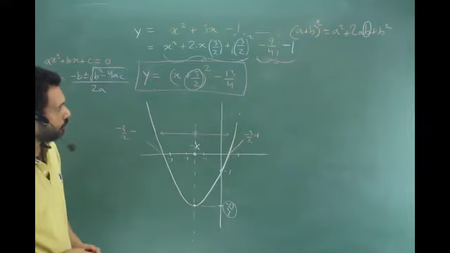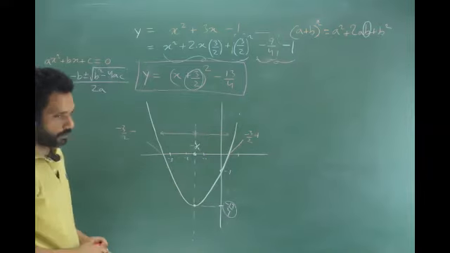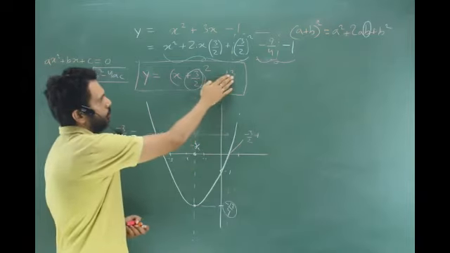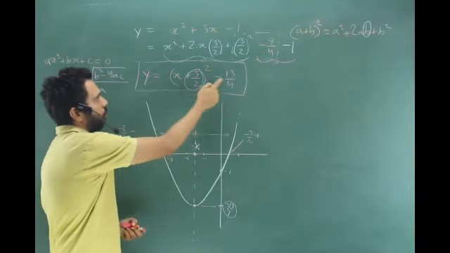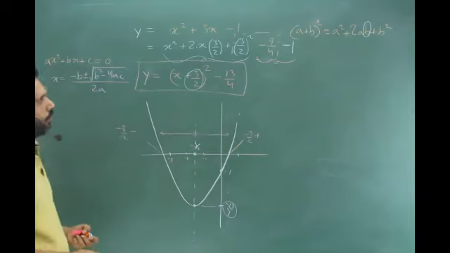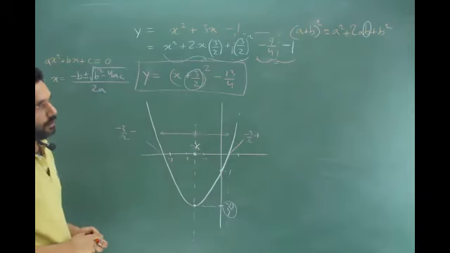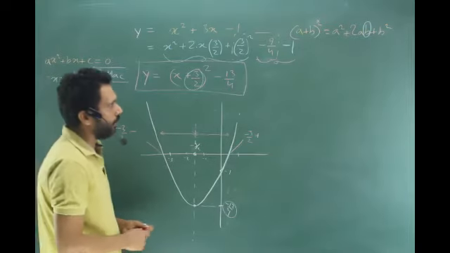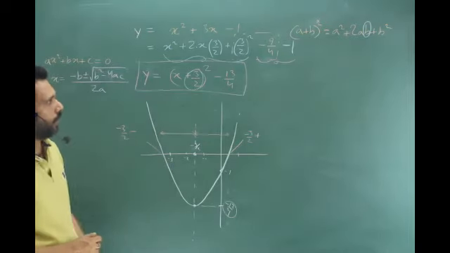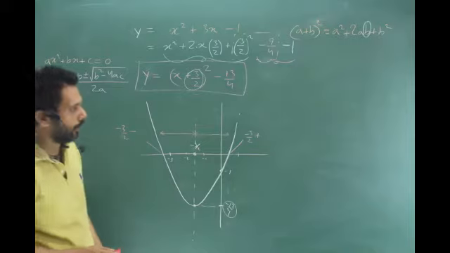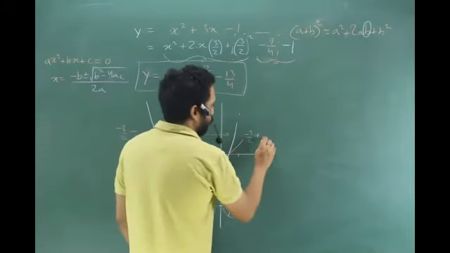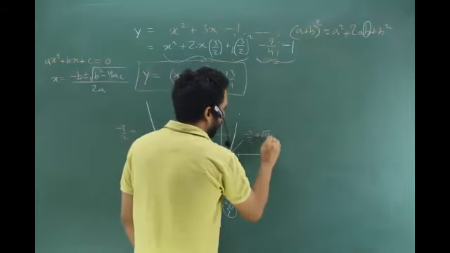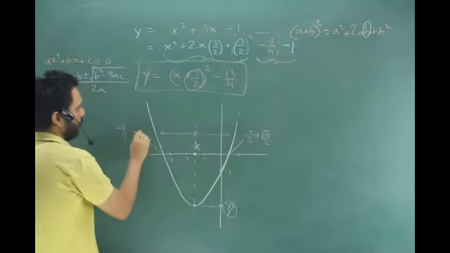When I put y is equal to 0, this goes that side and becomes √13/2. So it is -3/2 plus minus √13/2. So plus √13/2 here, and here minus √13/2.